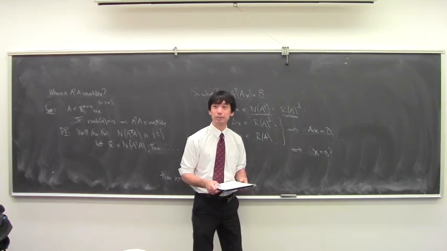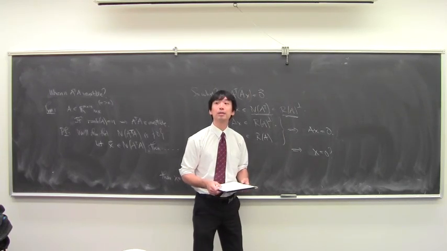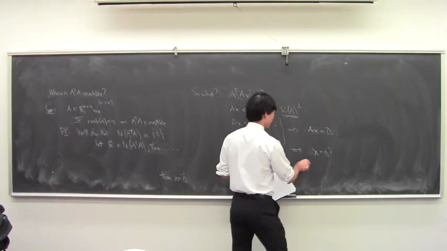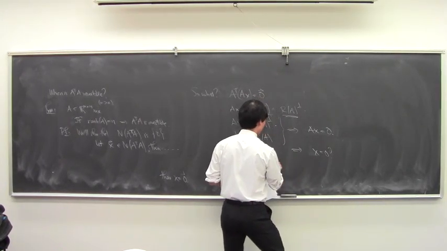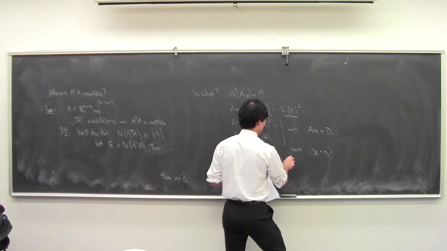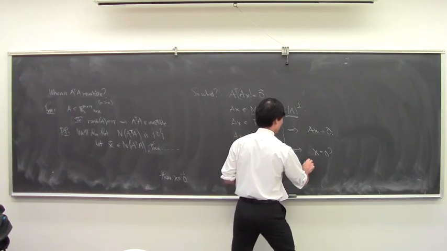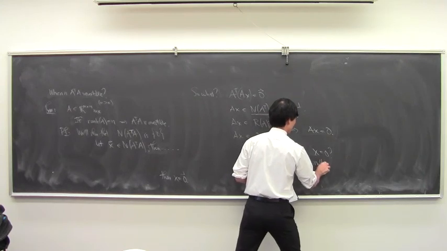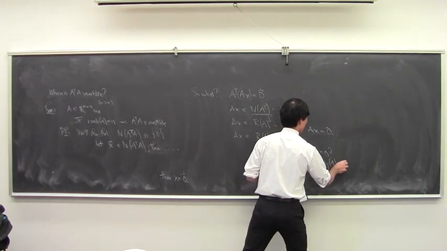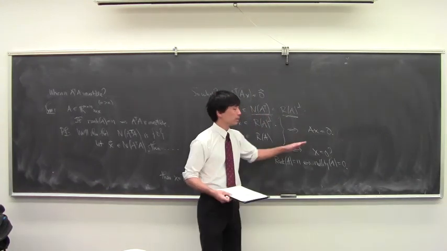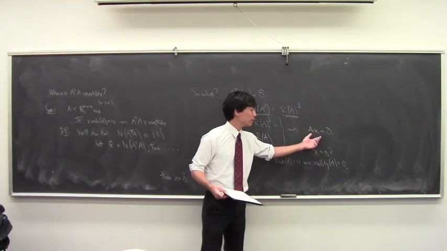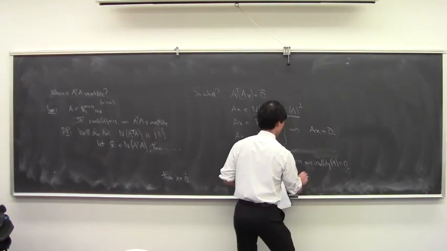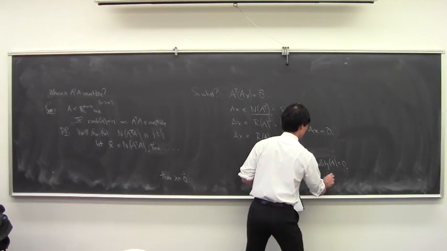Why? Right. Great. The rank of A is n, so that gives you that the nullity of A is 0. That is to say the dimension of the null space is 0, so if you're in the null space, you must be 0. So X must be the 0 vector.